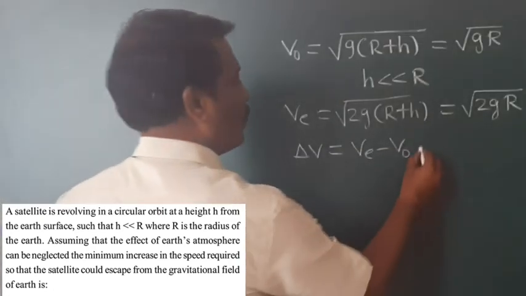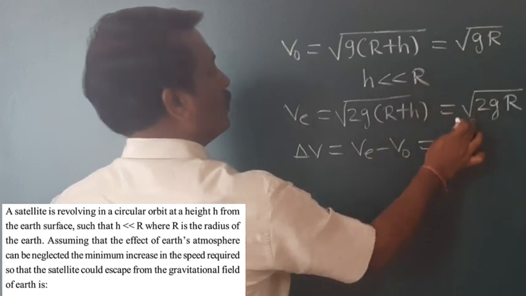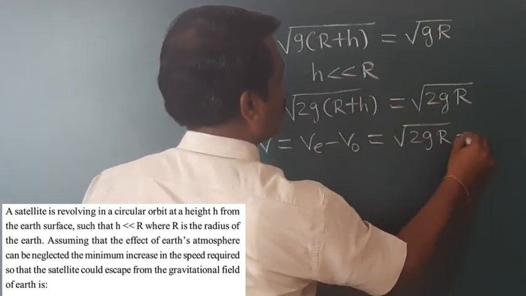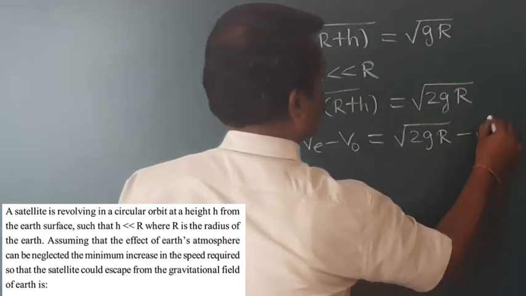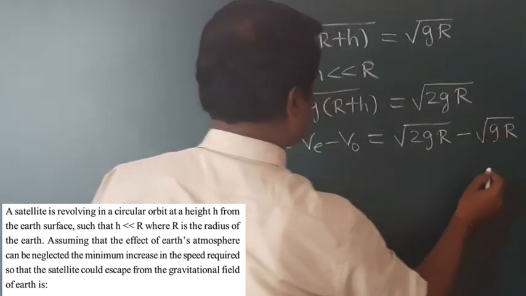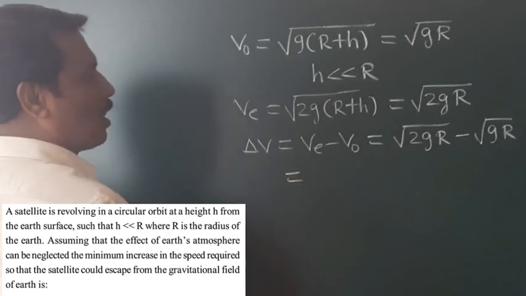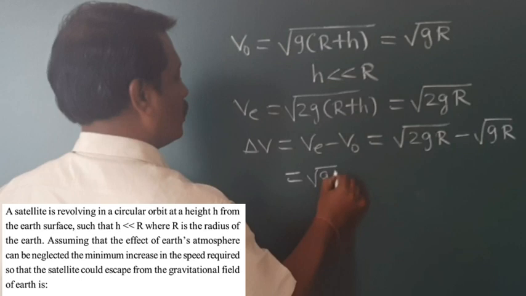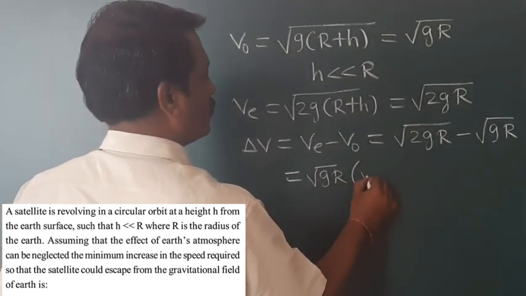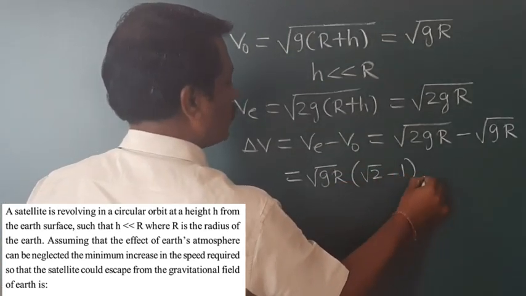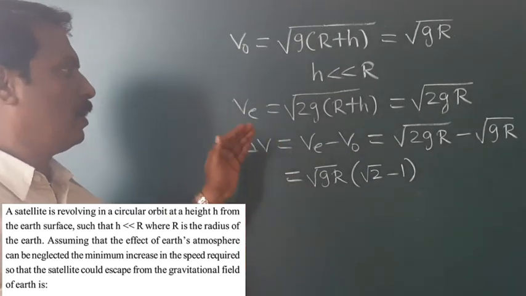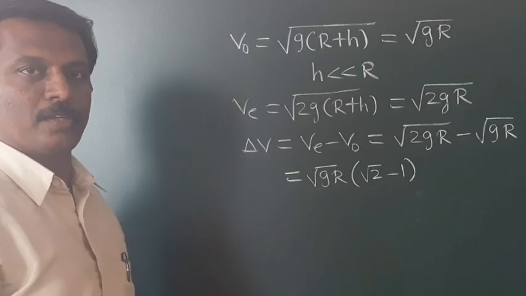So increase in the velocity can be written as v minus vo, that is square root of 2gr minus square root of gr. In these two, square root of gr can be taken as common, then we will get square root of 2 minus 1. So this is the extra velocity required to escape from the gravitational force.